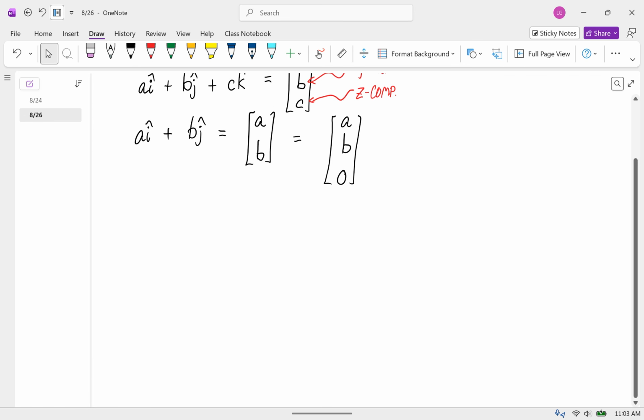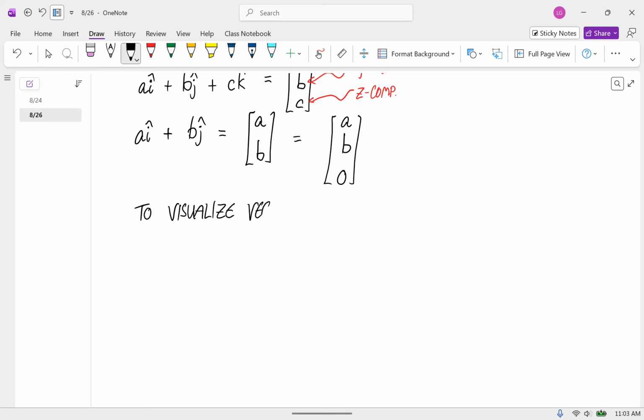In order to visualize vectors, notice that you can always think of the vector with its tail at the origin.